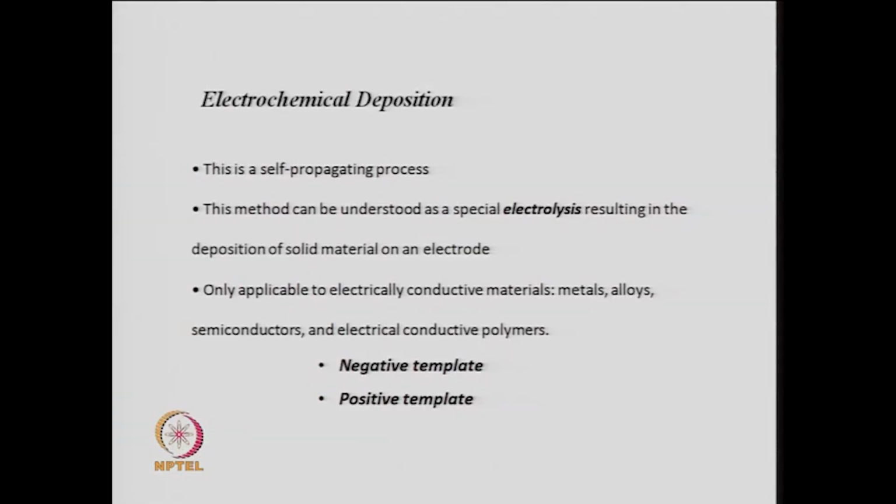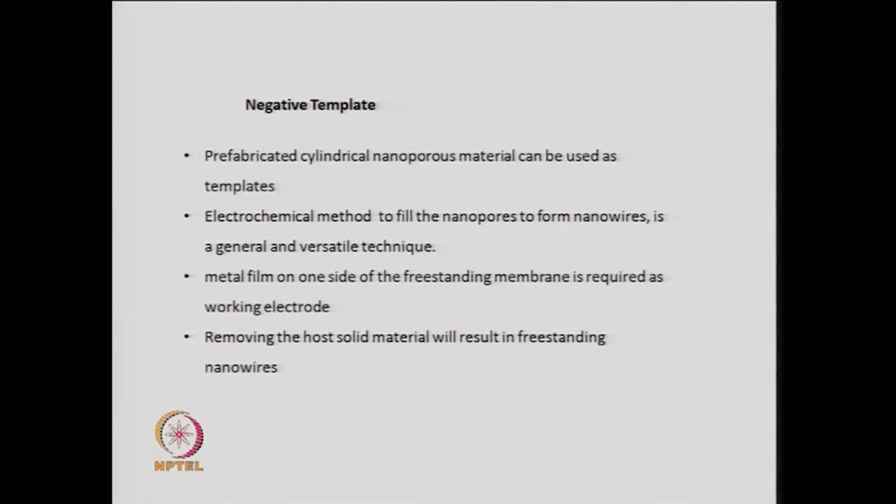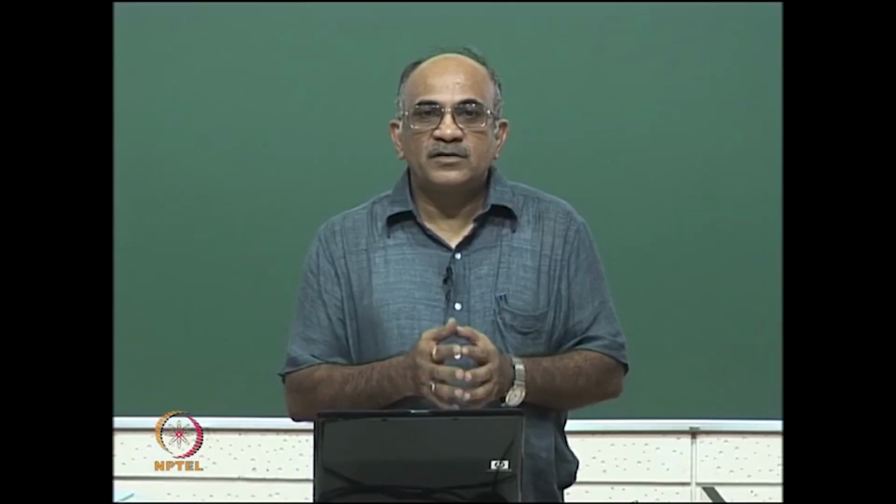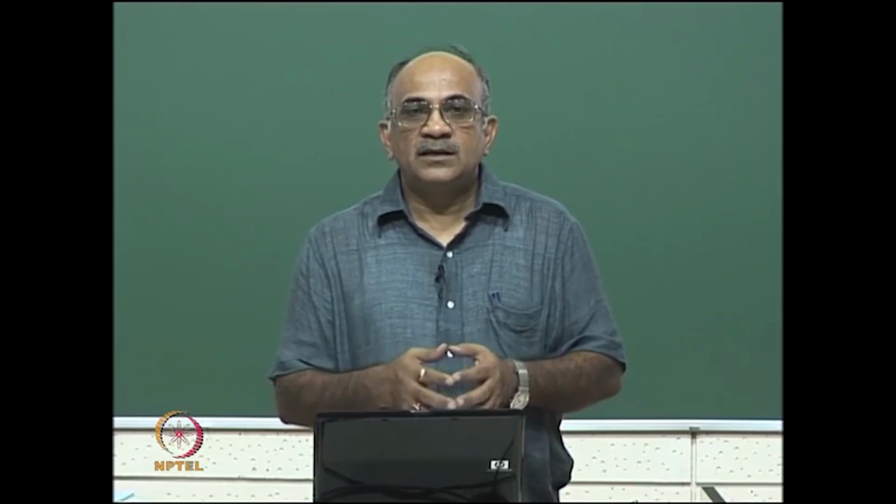The template is called a negative template because the space or the voids in the porous material is where the nanowire will grow. But if the material grows on top of the template, then it is called a positive template. If the material grows in the gaps within the porous template, then it is called a negative template.